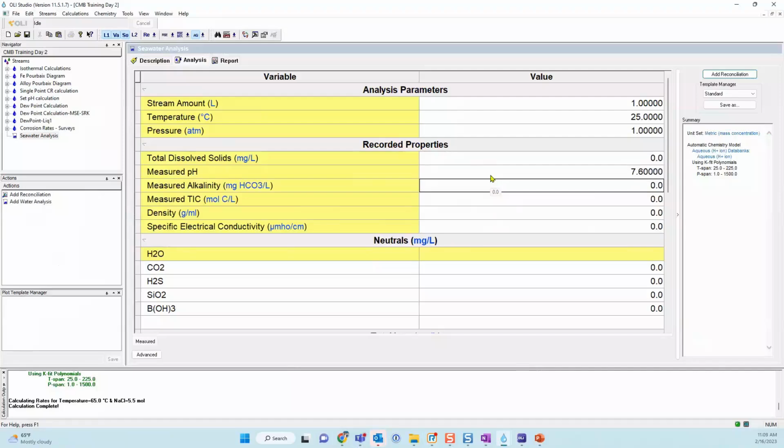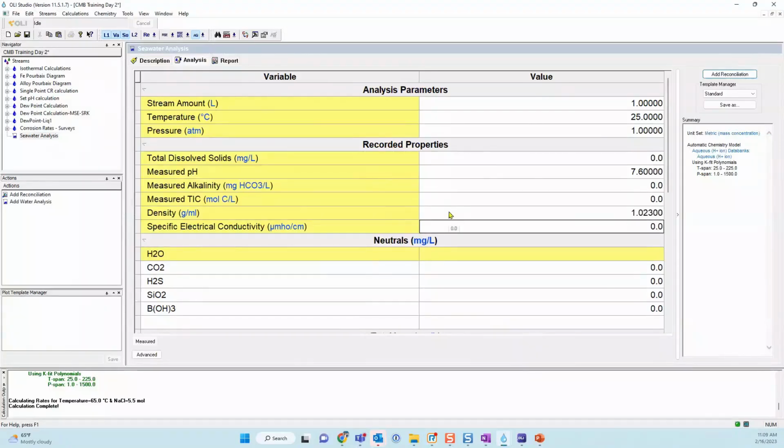Also the alkalinity is another value that is measured. In this case, it wasn't given to us. What was given to us was the density value. The density value is down here, and that value was 1.023.